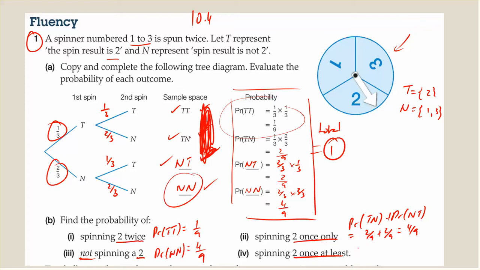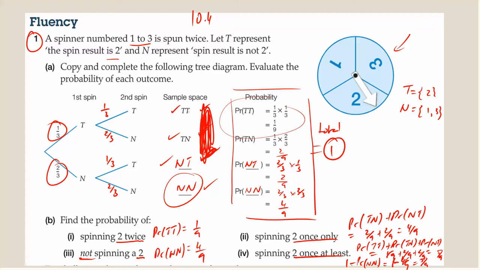It's up to you. So you can go probability of TT plus the probability of TN plus the probability of NT, which equals 1/9 plus 2/9 plus 2/9, which equals 5/9, or you can go 1 minus the probability of NN, something that's not T at all, which gives me everything that is T. So 1 minus 4/9 equals 5/9.